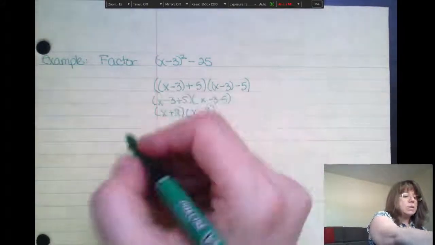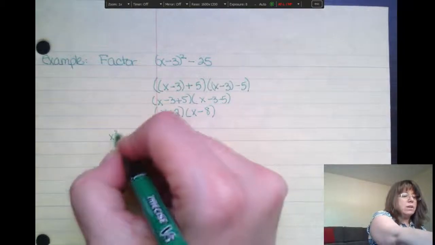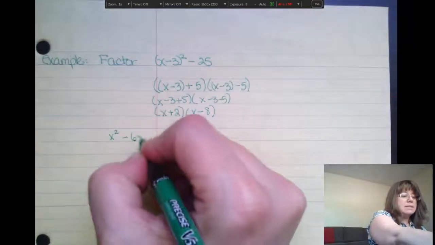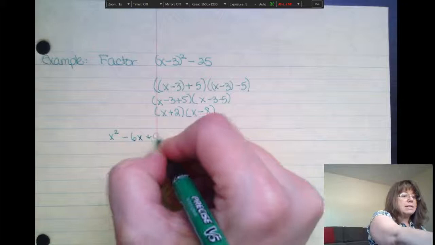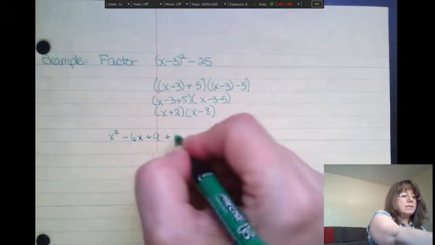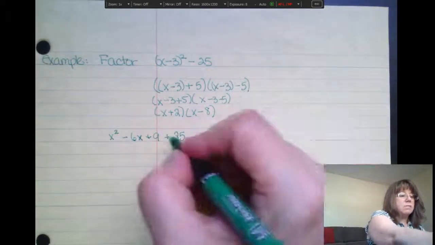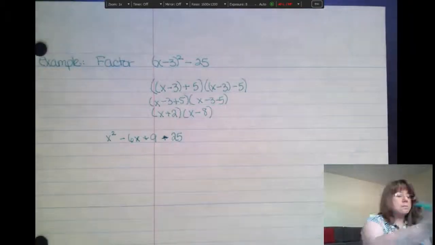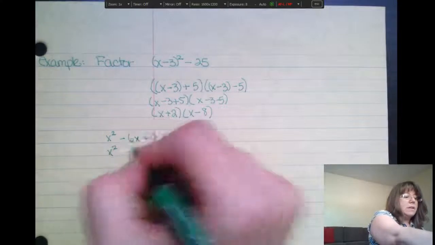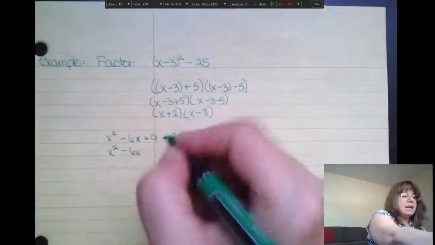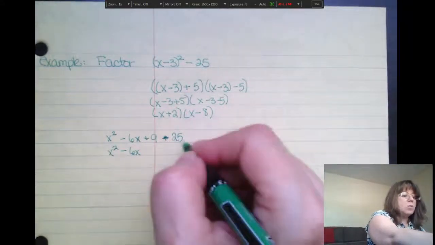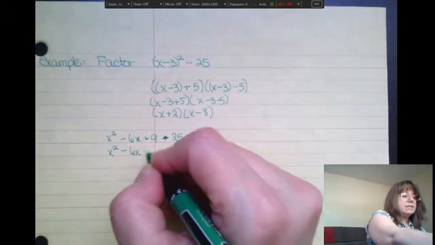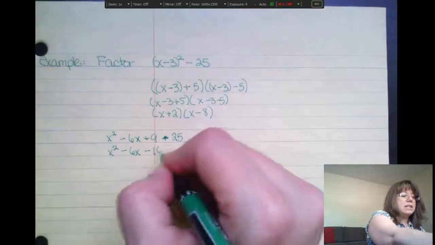So x minus 3 squared is going to be x squared minus 6x plus 9 minus 25. I'm going to add like terms. So it's x squared minus 6x, 9 minus 25 is minus 16.